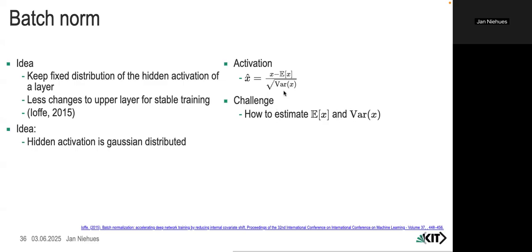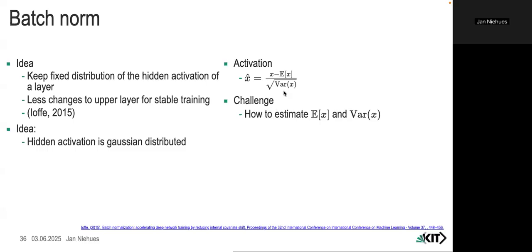If we want to normalize this and keep the information we get from it more stable, what we have to do is estimate our expectation value and variance. How to do that in batch norm is, again, some type of approximation. Why do we have to do that?